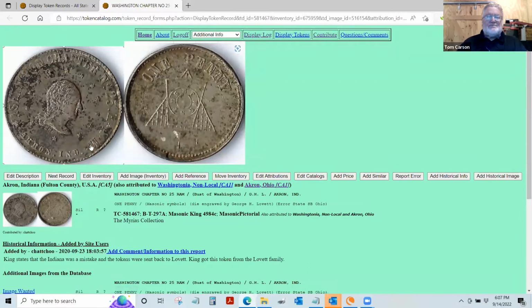According to King, they were sent back, and the family kept 2 of them, which are in the King collection or at the House of the Temple in DC. Well, this is the 3rd one.